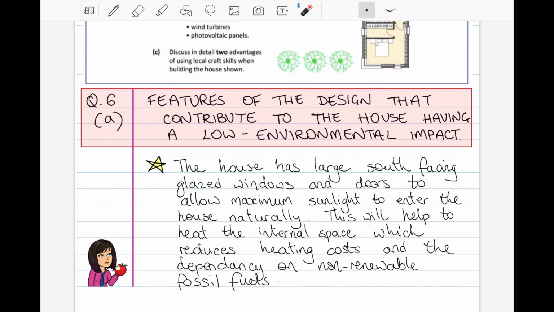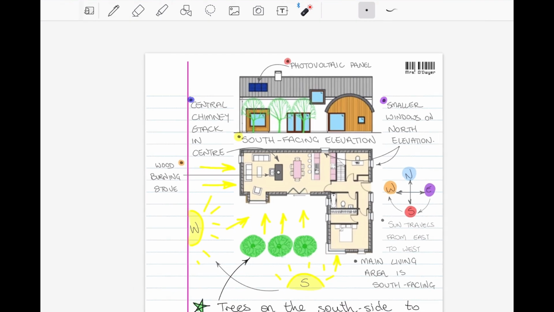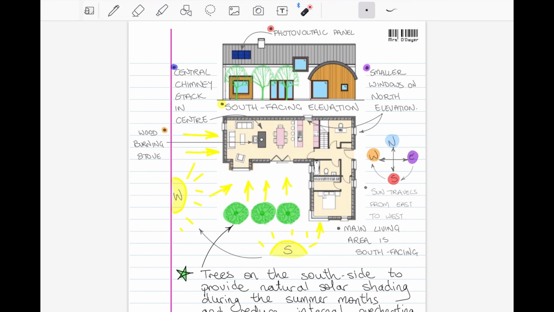Okay, so if you look at the diagram on the next page, all the large windows are to that south-facing front elevation of the house. They're all down here at this side. Our sun travels from east to west, so it is traveling over to this side throughout the day.